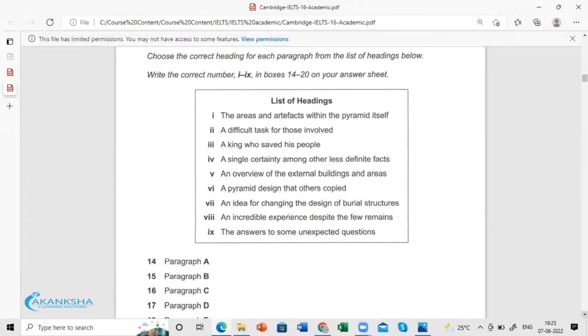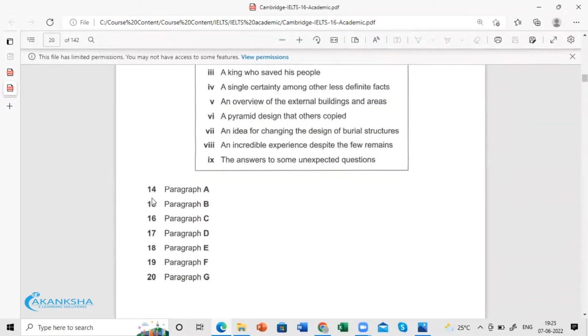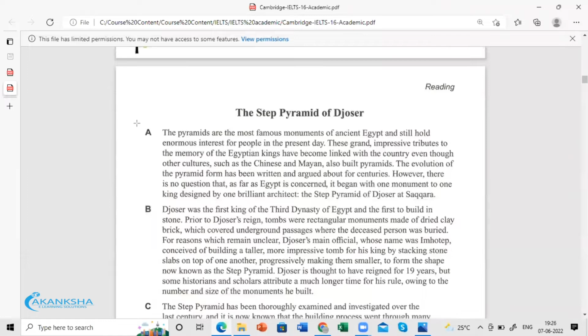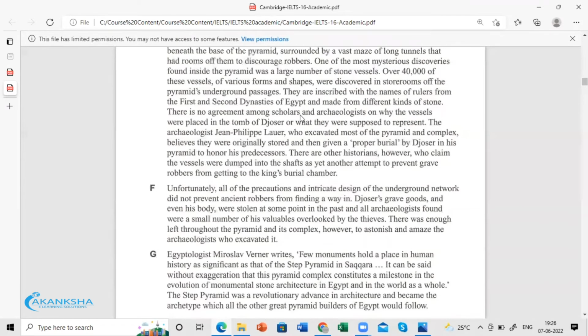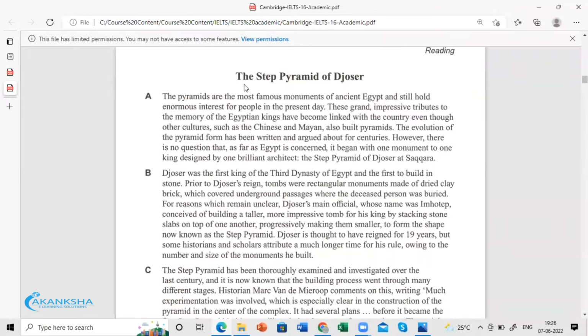For questions 14 to 20, these are the passages here, paragraphs A, B, C, D, E, F, G. I hope you can see A, B, and C and all of these. So they have to be answered here. Understood? So this is the type of question that we have.